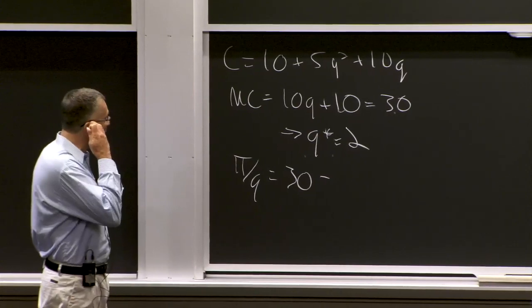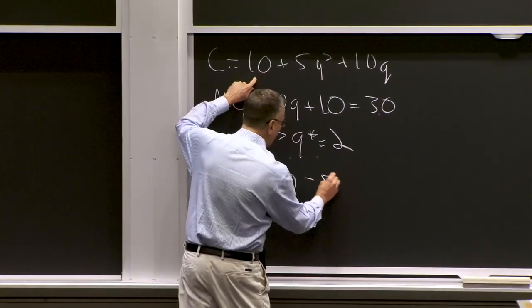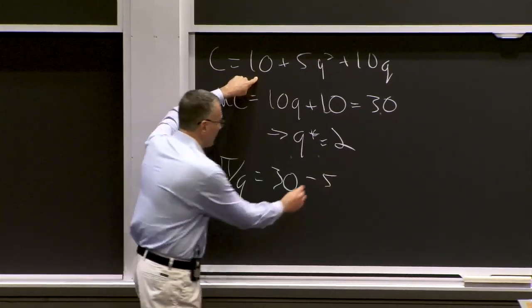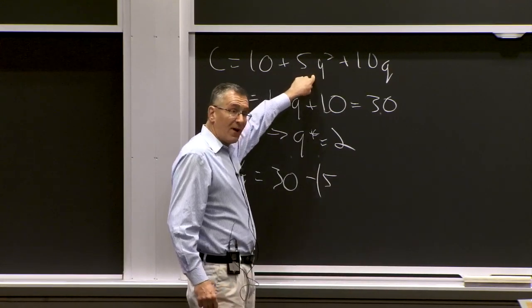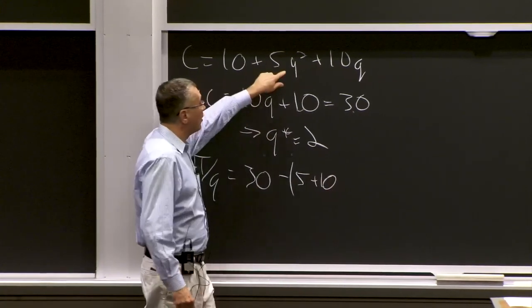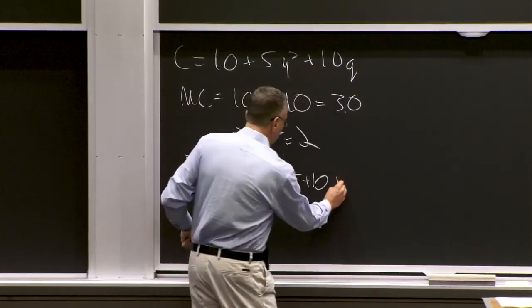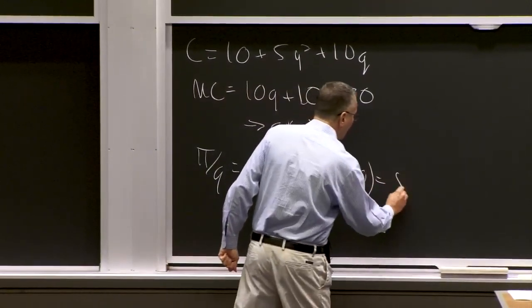What's the average cost at 2? It's going to be 10 over Q, so 10 over 2 is 5, plus 5Q, because we're dividing by Q, which is 10, plus 10. So 30 minus 25, which equals 5.